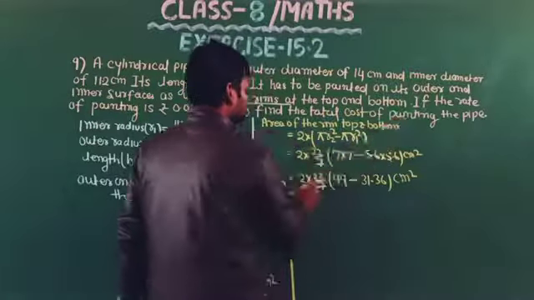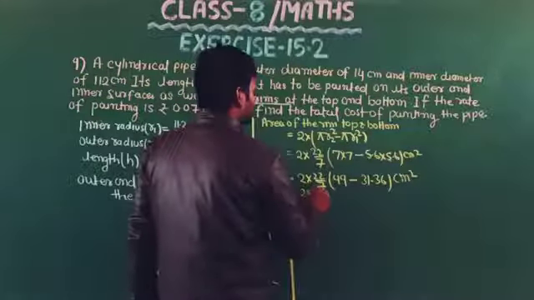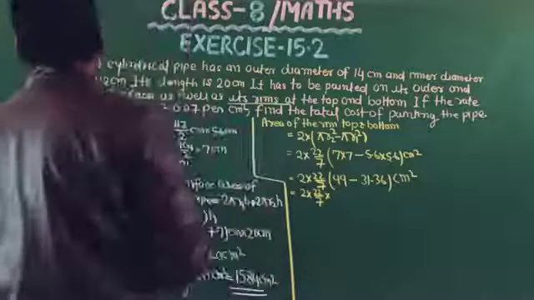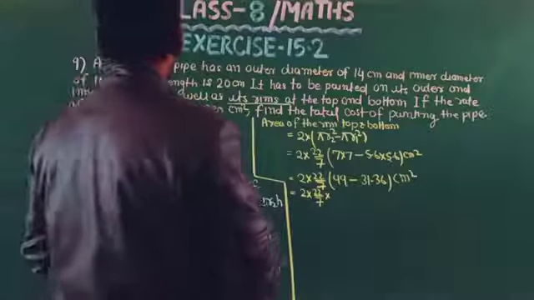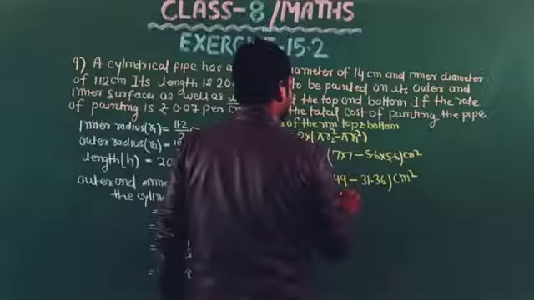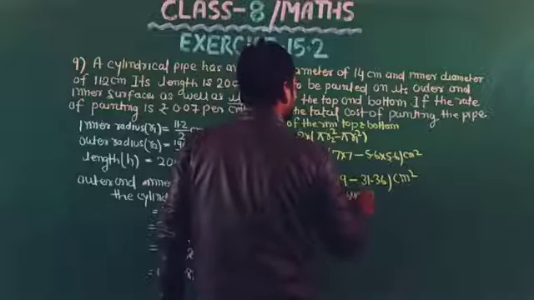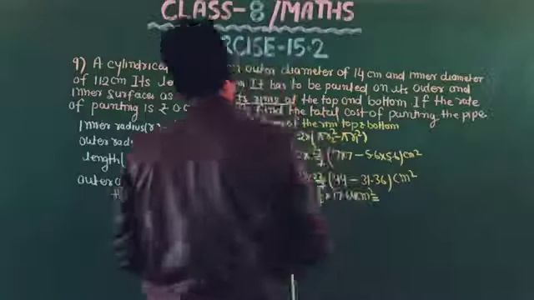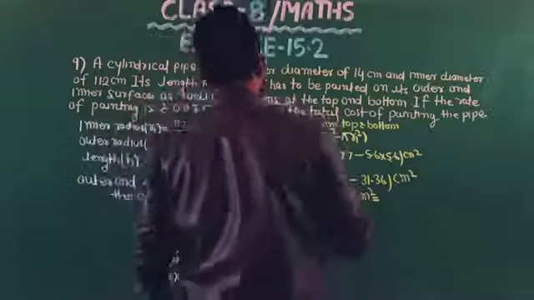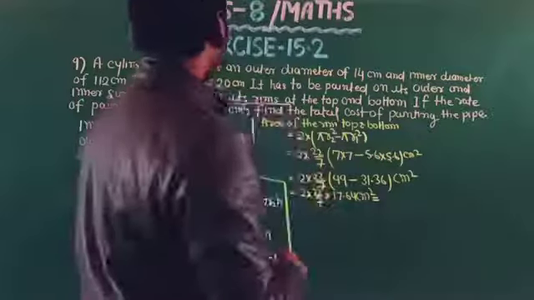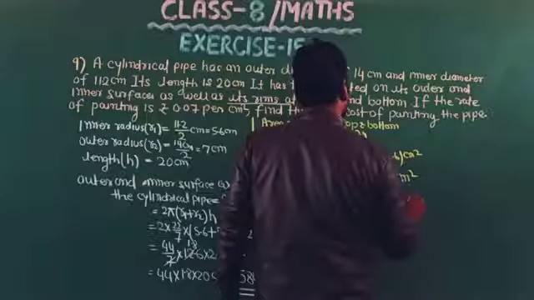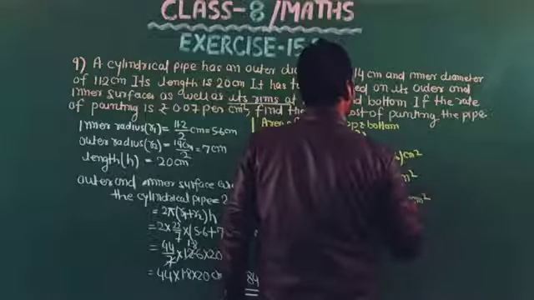Now simplify this: 2 into 22 by 7 into 49 minus 31.36. Okay, so we will get 17.64 centimeter square, and after simplification that gives 110.88 centimeter square.